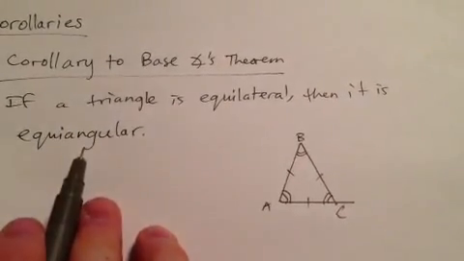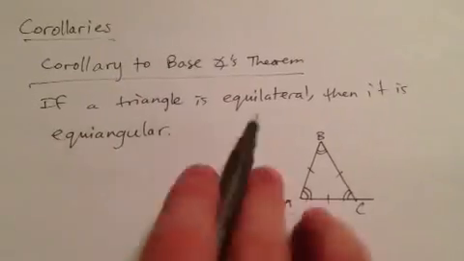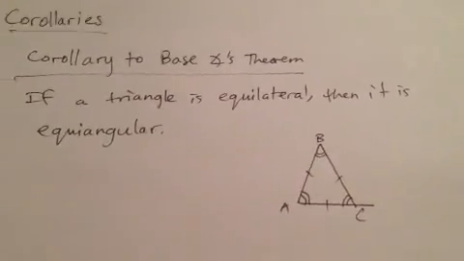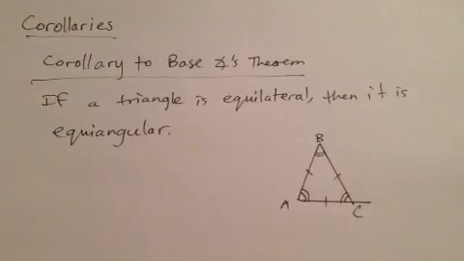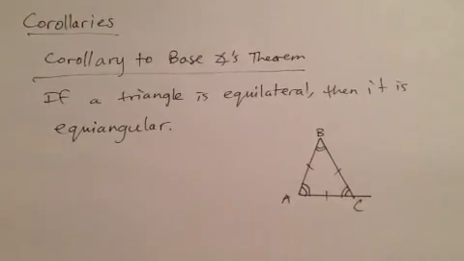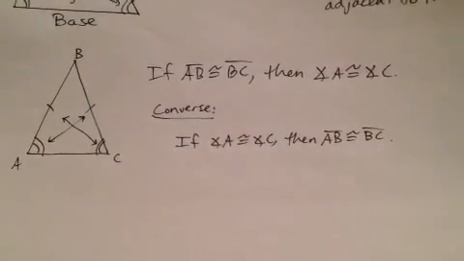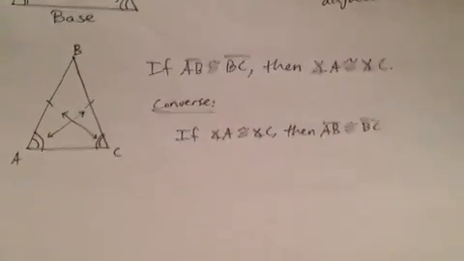And this also has a converse, which means if I switch the two, the if and the then, it's still going to be true. So this is the corollary to the converse of the base angles theorem, which was if the angles are congruent, then the two sides are congruent.